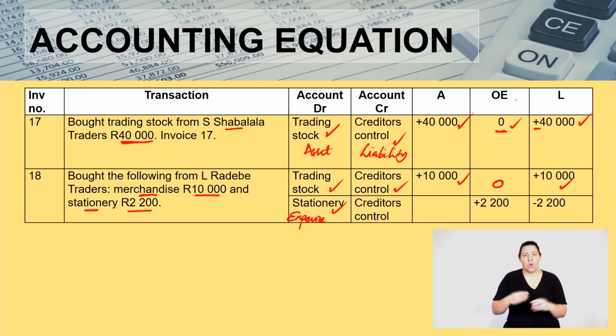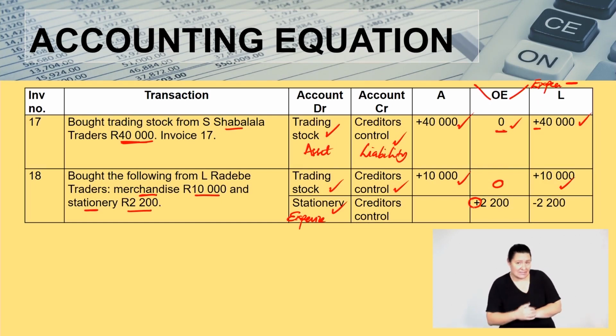No. Remember, on your owner's equity, this is what you have to know. On your owner's equity, expenses will decrease your owner's equity. So I want you to tell me, is it supposed to be a plus here or a minus? It is a minus. So here you're going to have a minus 2,200. Why? Because stationery is an expense.